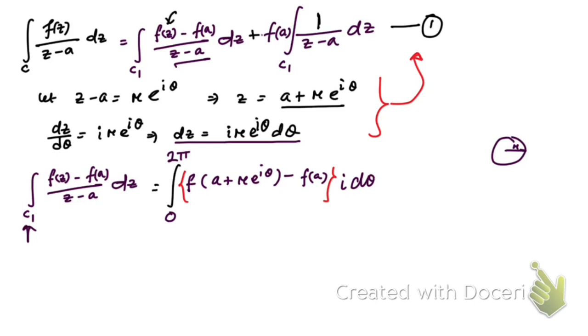So as I have already told you, r tends to 0, so that's why this is going to be 0, right? If this is 0, then f of a minus f of a is again 0.